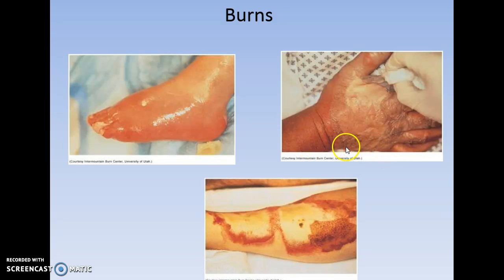This burn, I'm not sure what the burn injury was. It doesn't say, just the deep partial thickness burn. But it's dry. They're having to peel the skin off, and that's going to help in the healing process.